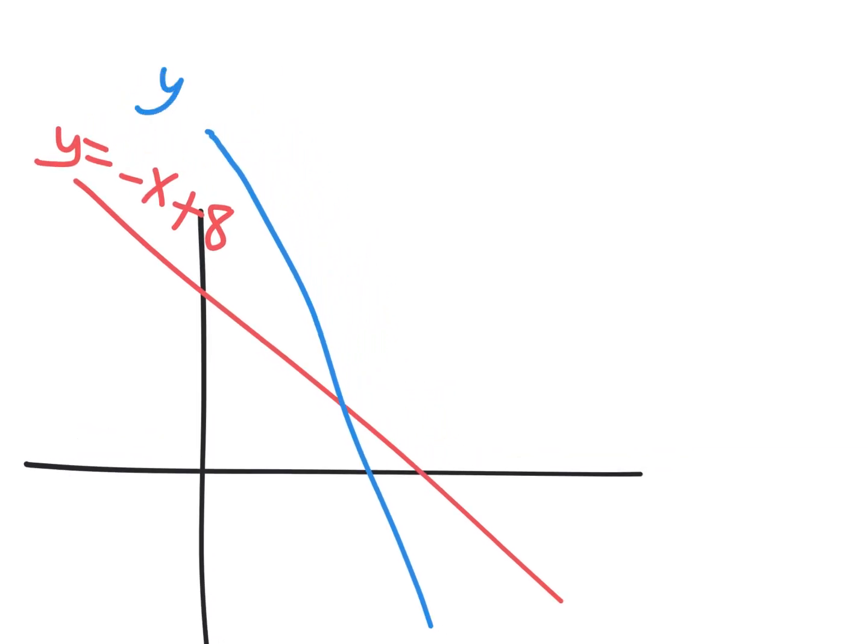It'll be y equals negative 2x plus 12. Those two should intersect. Would you please find that intersection point? I'll pause for a second while you find that intersection point.